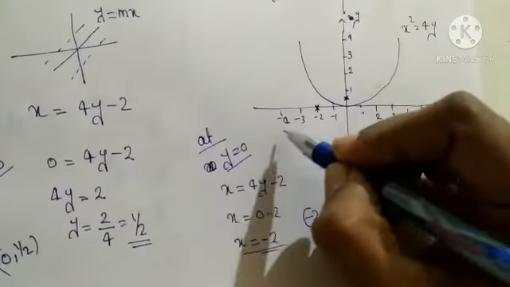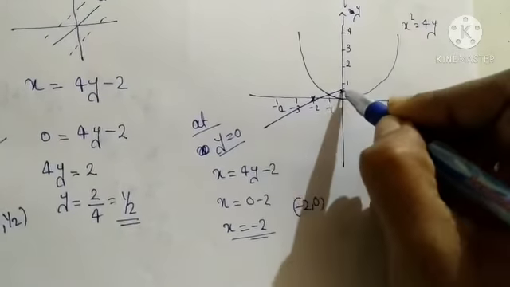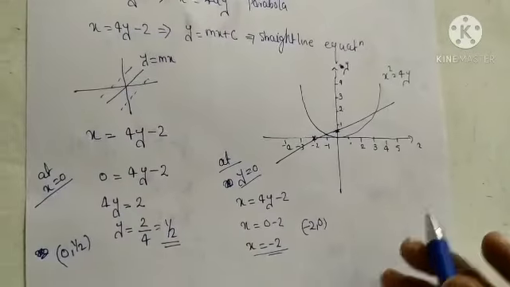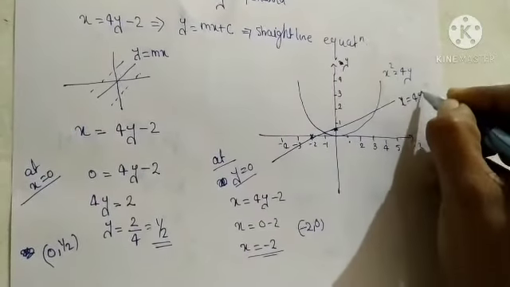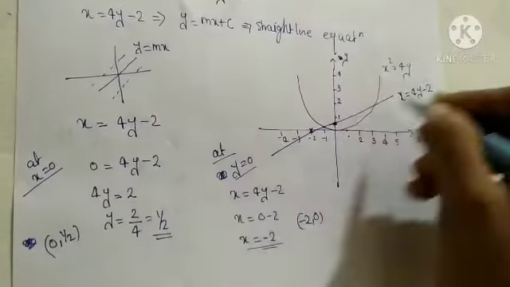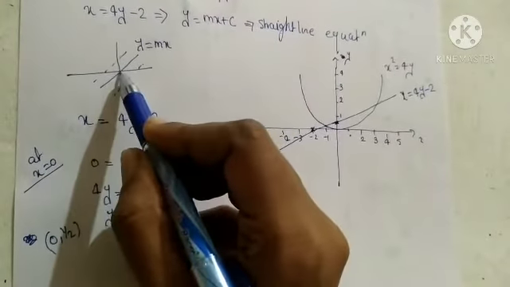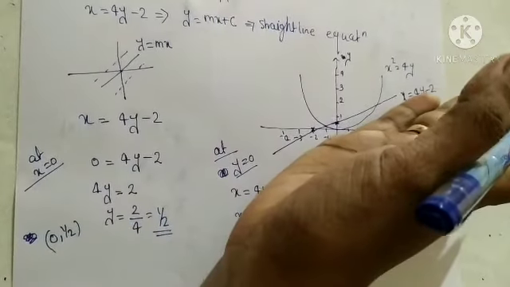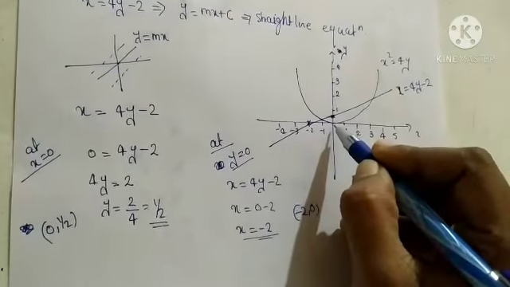So we need to draw the straight line through these points. It will be like this. After drawing the straight line x equal to 4y minus 2, we can see that the straight line does not pass through the origin. It is moving just upward from the origin.